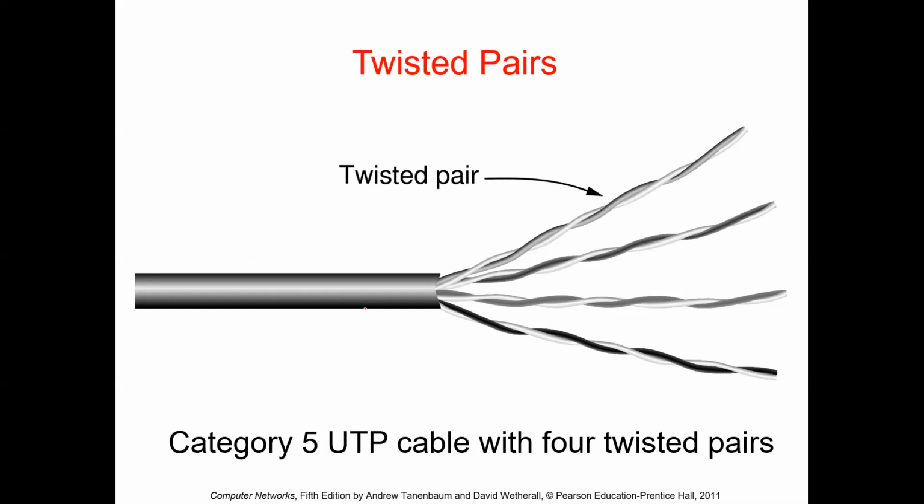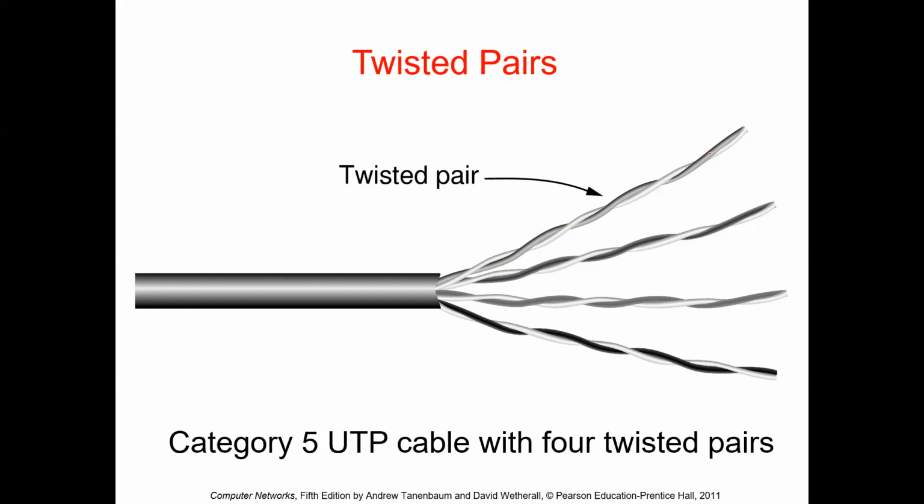Twisted pairs. They use category 5 cable, that's the Cat5 cable, and UTP is the unshielded twisted pair. We see that there are two pairs of cables that are twisted, and they act as a single cable.